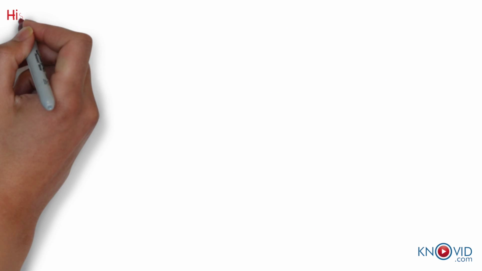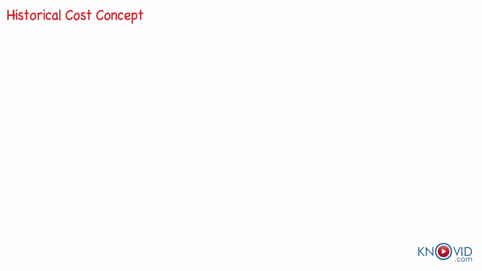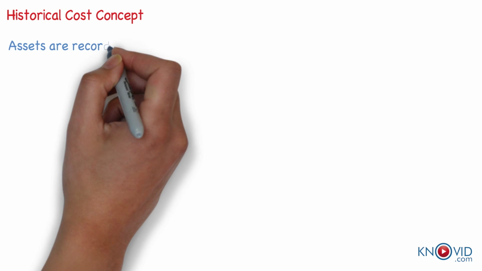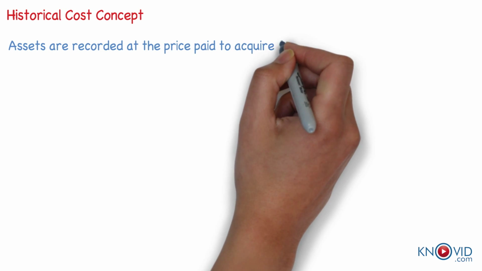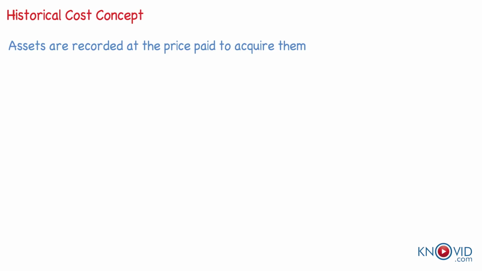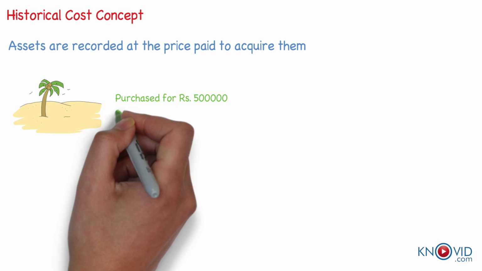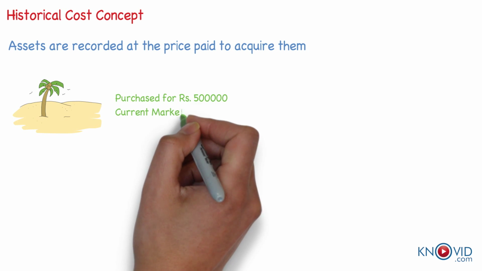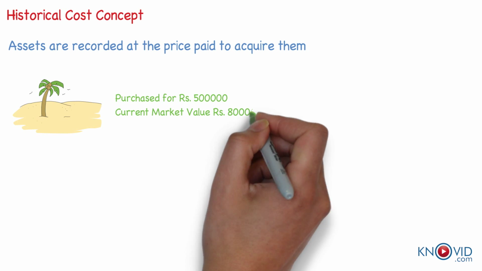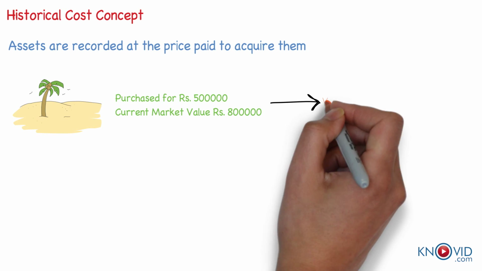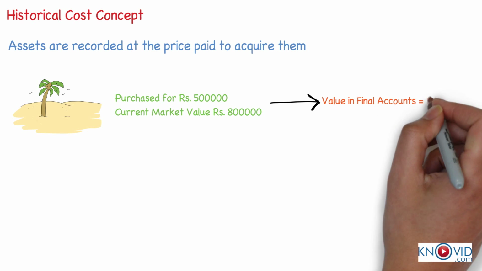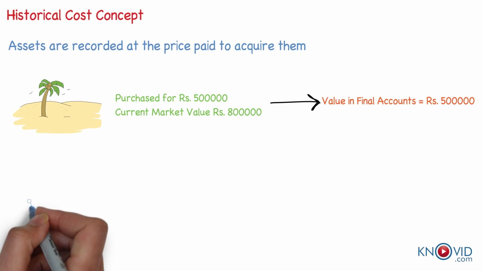As per historical cost concept, assets are recorded at the price paid to acquire them, and this cost is the basis for all subsequent accounting for the asset. For example, if a piece of land is purchased for rupees 5 lakhs and its market value is 8 lakhs at the time of preparing the final accounts, the land value is recorded only for rupees 5 lakhs.